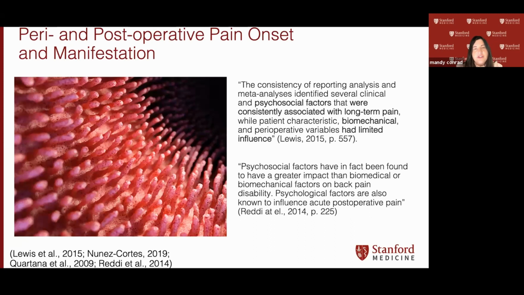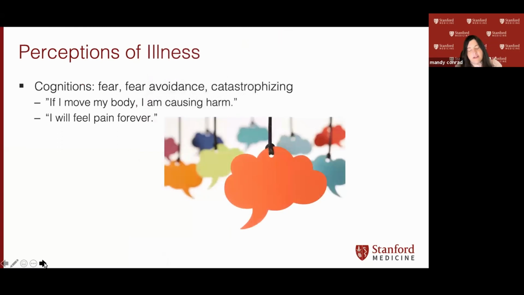So a lot of researchers are suggesting that instead of putting all of the energy into biomechanical issues or patient characteristics, we really need to focus on the psychosocial factors that I've been chatting with you about. Oh, I do want to say one other thing. When it comes to surgery, having fear about the long-term outcome, and not alleviating it or working through it, can actually lead to worse outcomes as well.